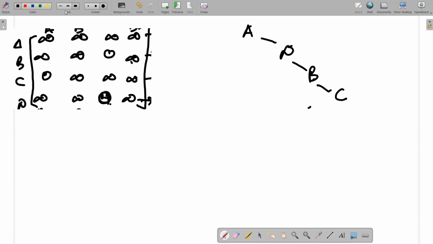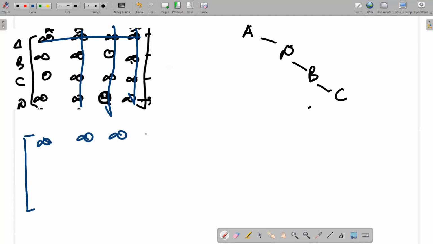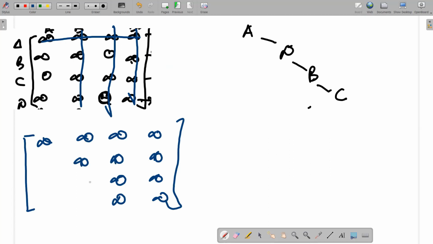The total cost will be calculated with A to D, D to B. So in the matrix, D, B, and C rows are all infinite. So the answer would be infinite, infinite, infinite, infinite. Then the D column, C column, and B column are all infinite values.